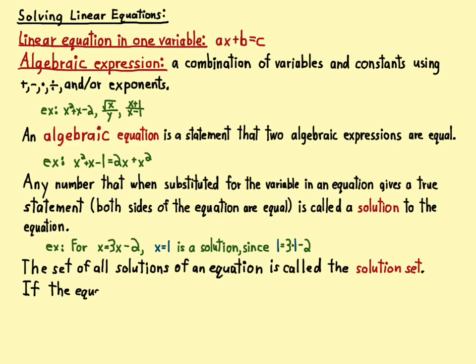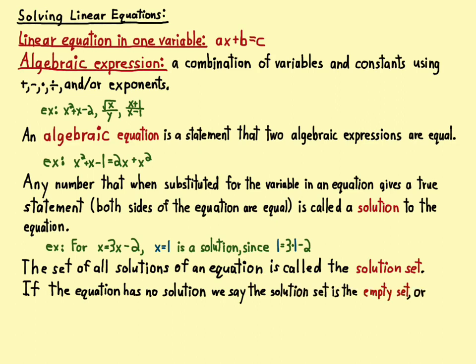Okay? If the equation has no solutions, we say that the solution set is the empty set, which is sometimes written with a 0 with a line through it. In your work, they'll probably have the words empty set written out, or sometimes no solution means the same thing.